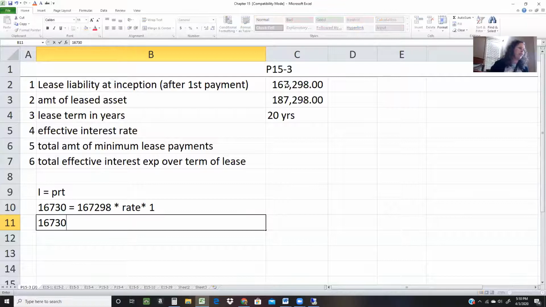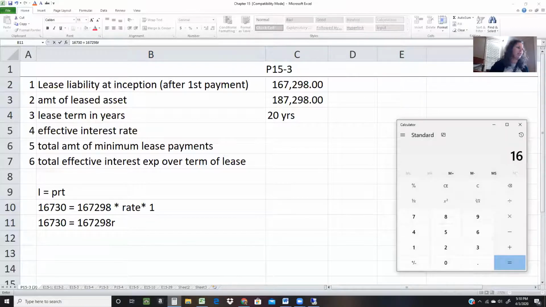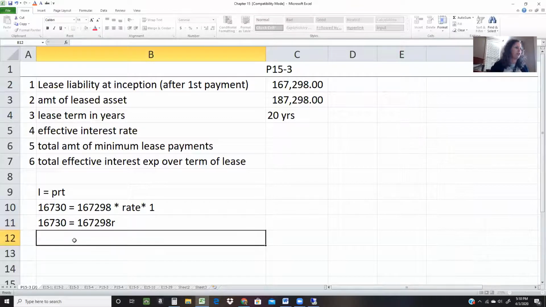So I would say 16,730 equals 167,298 times r, and then I would divide both sides by 167,298. So if I take 16,730 divided by 167,298, I get a 10% rate. So my rate equals 10%.